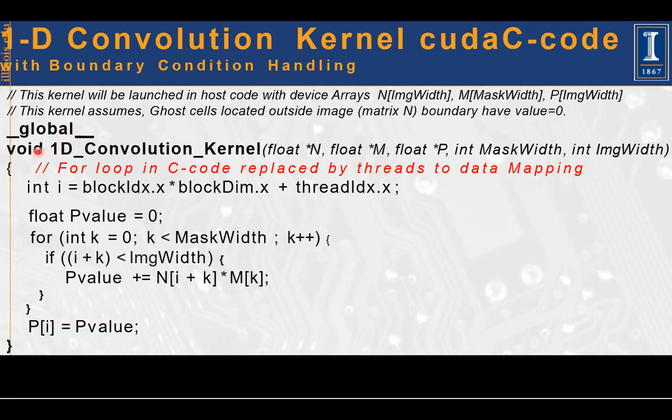Global, then return data type, then name of the kernel function, then input and output arrays, then the mask width, then the image width. These are the parameters for the header of this function. You will see, as we always have.